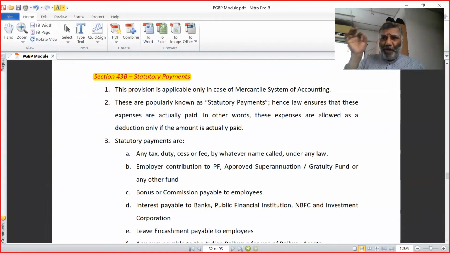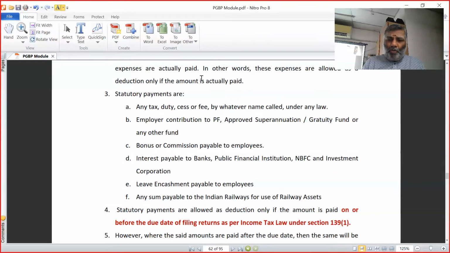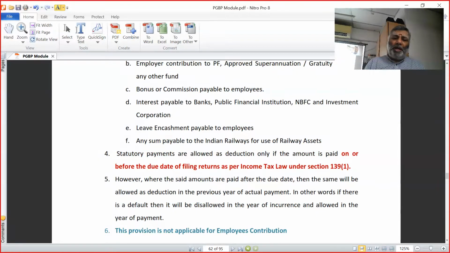If any of the six is due at the end of the year, then deduction will be allowed only if it is paid within the due date of filing returns. Repeating, what is statutory payment?